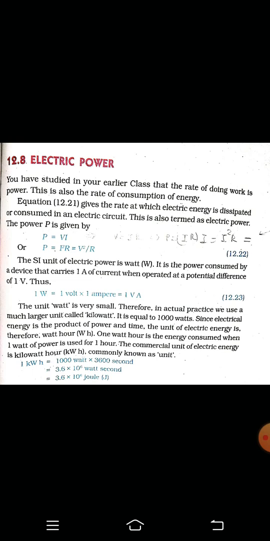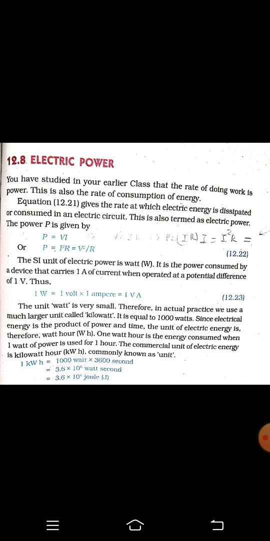Since the electrical energy is the product of power and time, the unit of electric energy is therefore watt hour. Why is it so? Because electrical energy is the product of power and time. Now, 1 watt hour is the energy consumed when 1 watt of power is used for 1 hour.